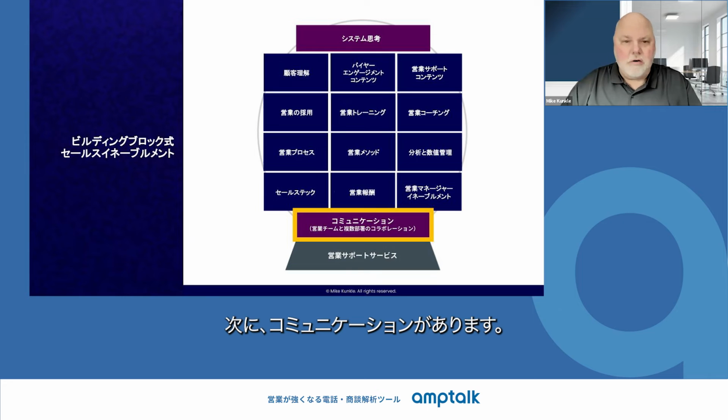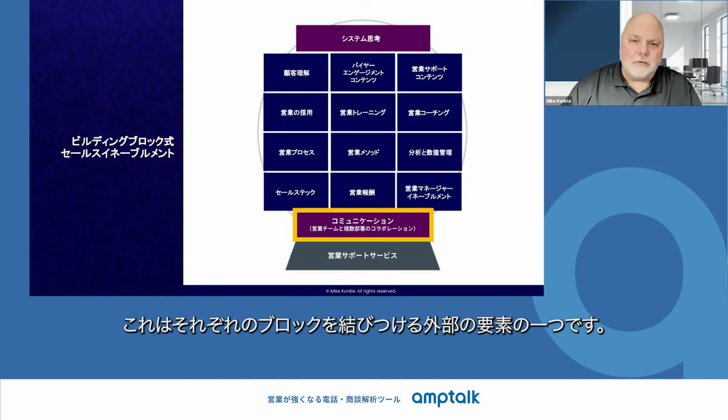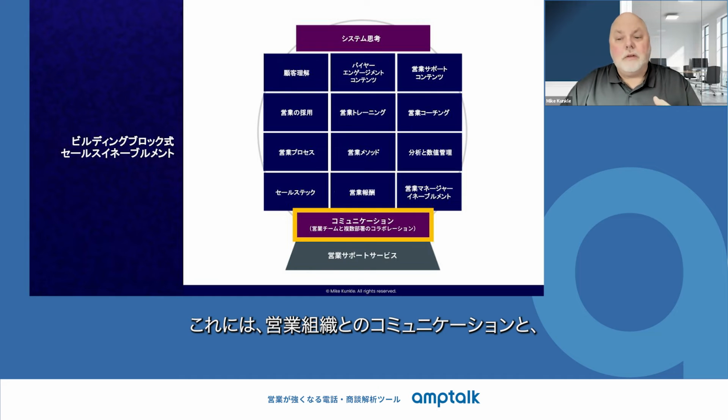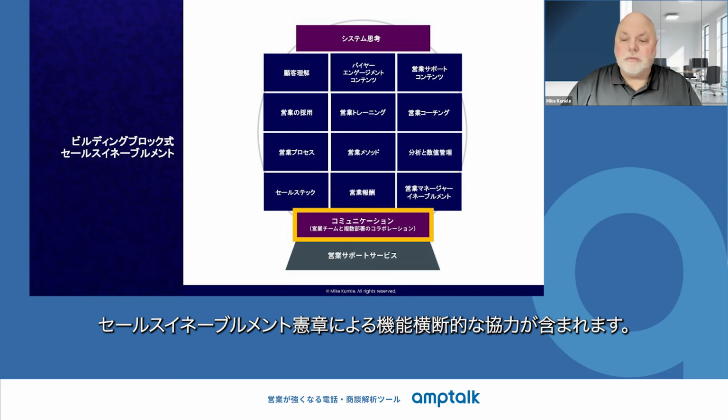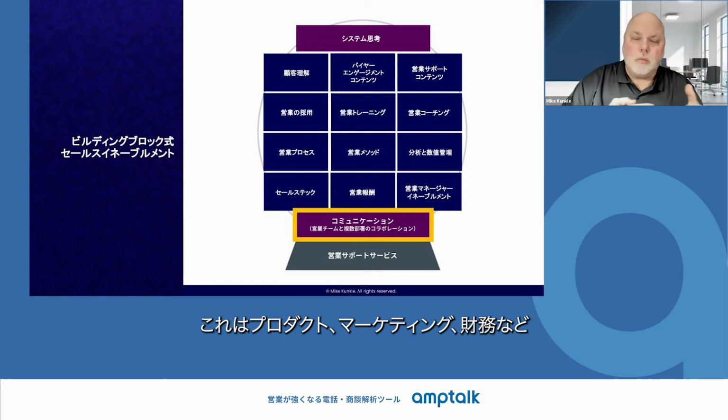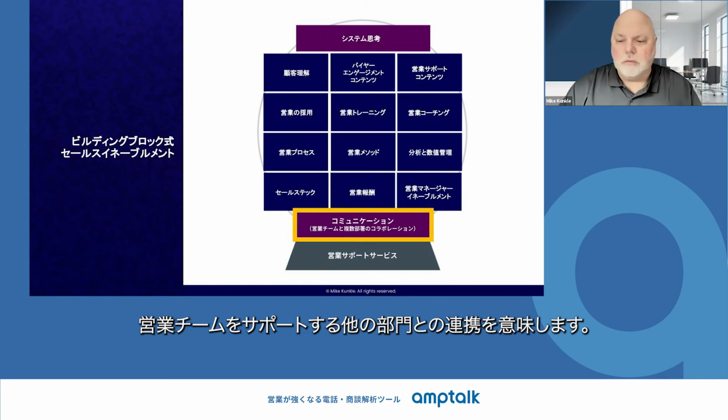Next is communication. This is one of the exterior blocks that ties these other blocks together. Now, this includes communication with both the sales force and cross-functional collaboration with the sales enablement charter for alignment. This is where you work with product marketing and finance and other departments who all are supporting the sales force in some way.